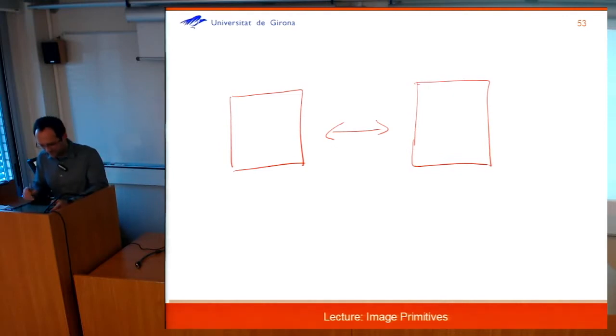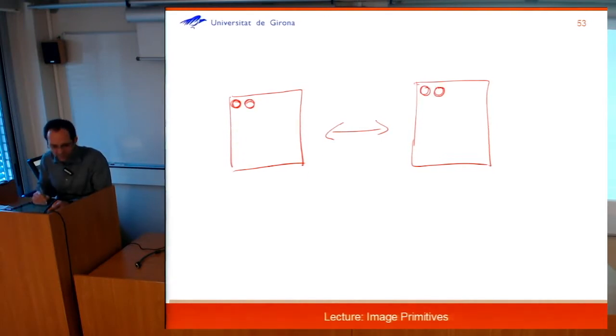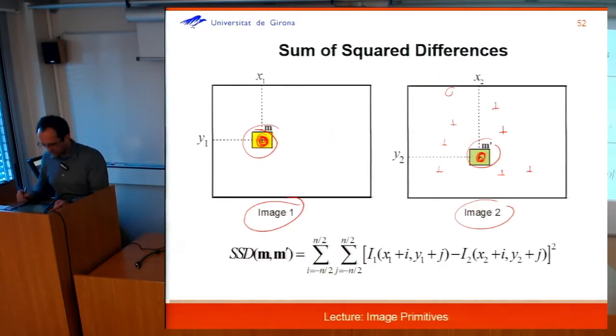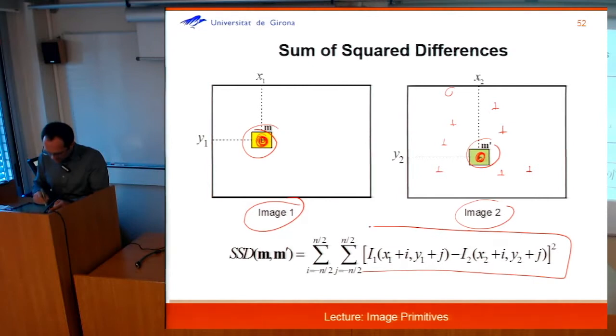The sum of square differences is just a matter of taking this gray value here minus this gray value here, squared, plus this gray value here minus this gray value here, squared, plus this minus this, and so on. What I get is this equation here.